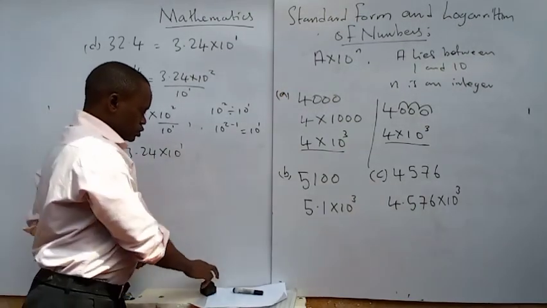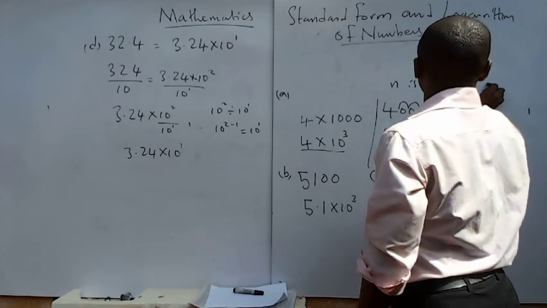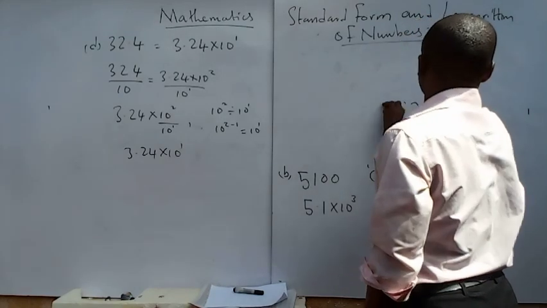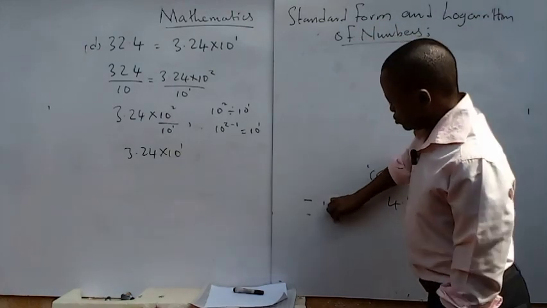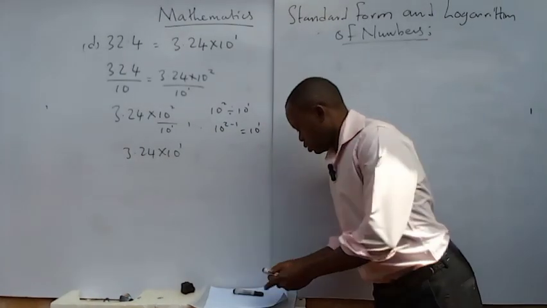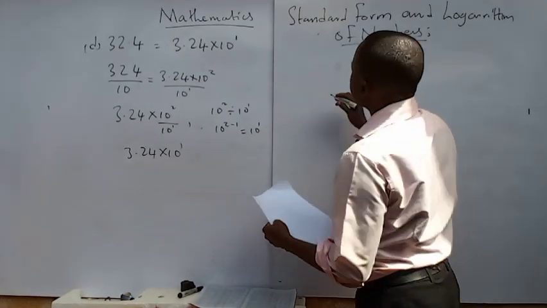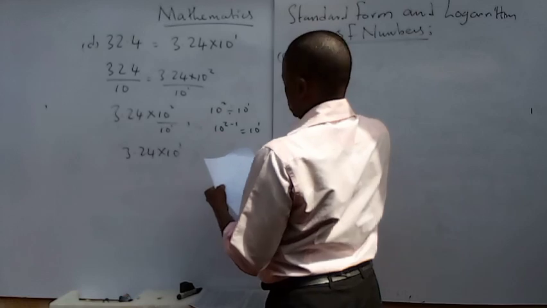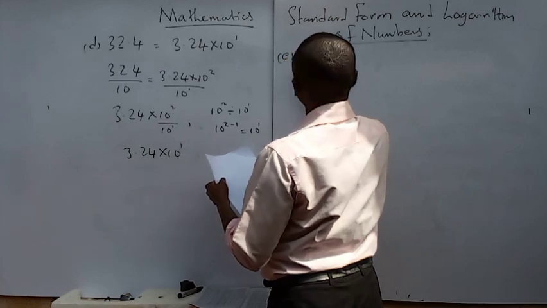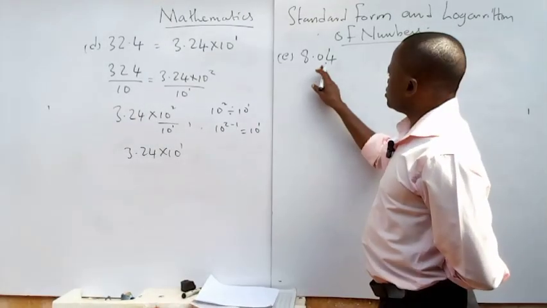Let me also take one more example on this. This is E. If we have something like 8.04, how can we write this in standard form?